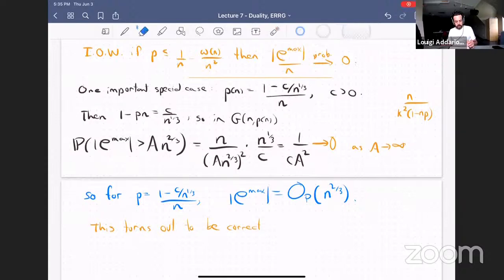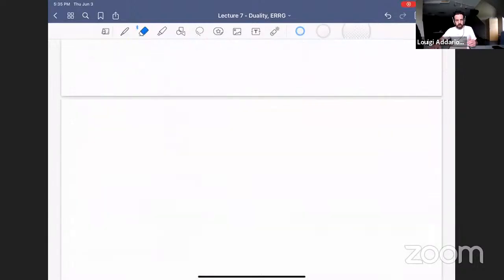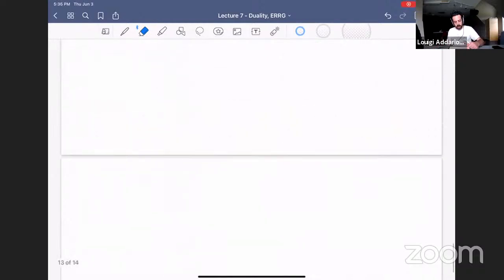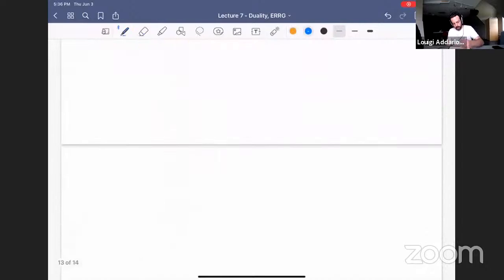Okay, so I'd like to move from p less than 1 over n minus 1 to p at most 1 plus little o(1) over n.